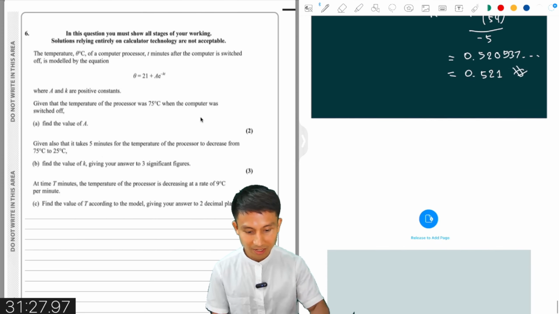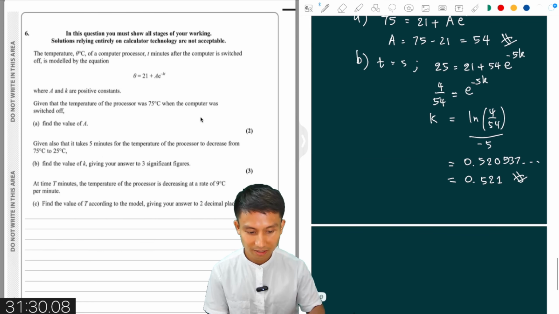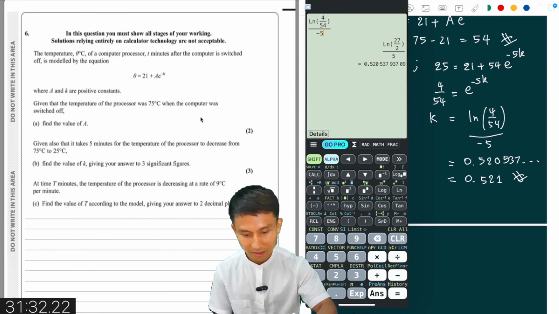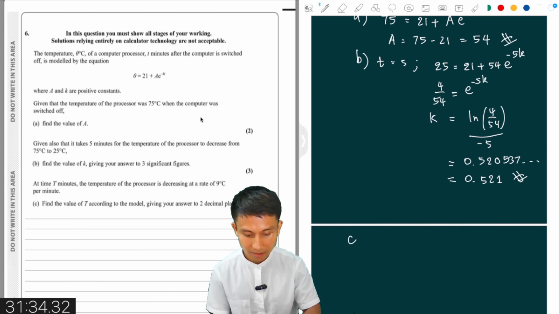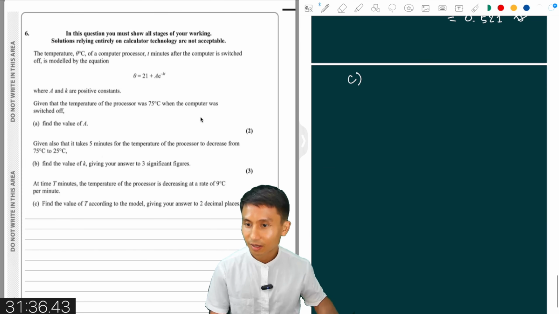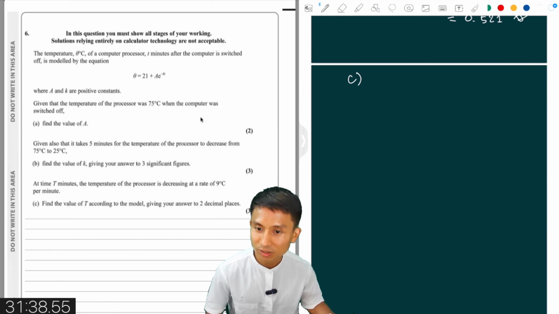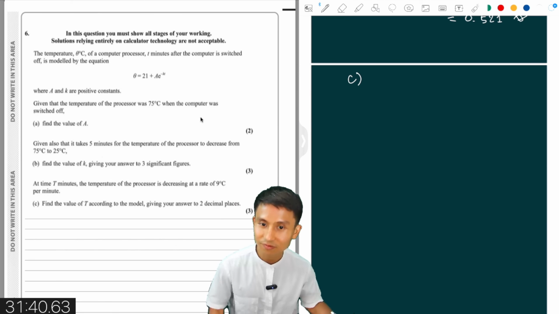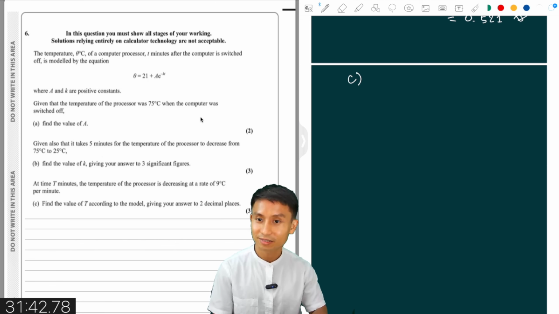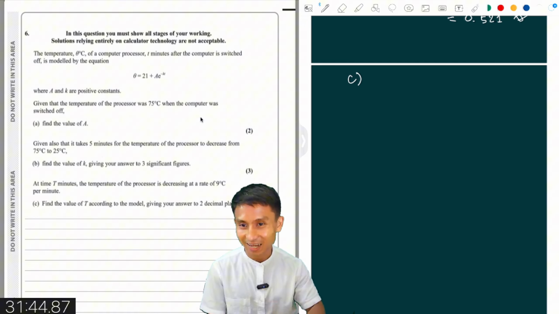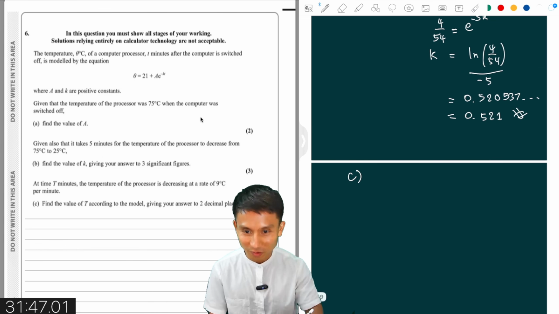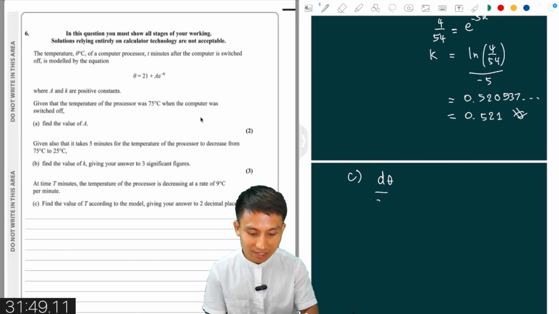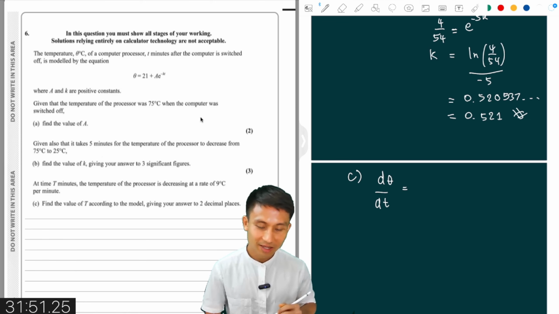Part C. At time t minutes, the temperature of the processor is decreasing at the rate of 9 per minute. Decreasing. Haha, okay, that's probably where people go wrong there. So you differentiate d theta by dt first, and then the 21 goes to 0.